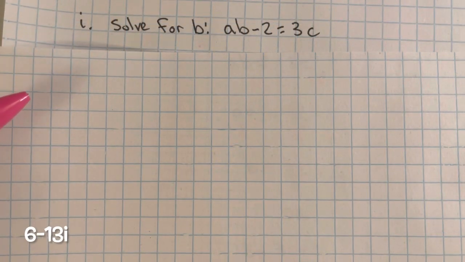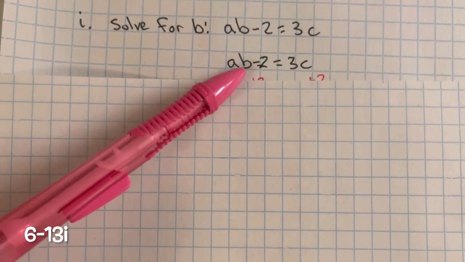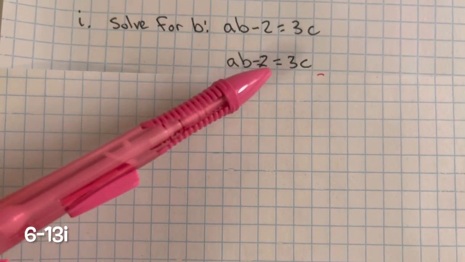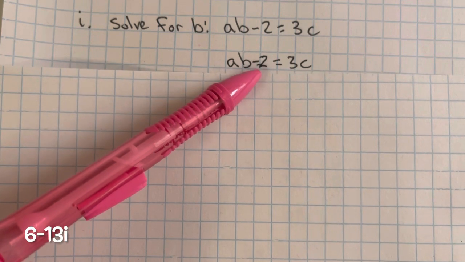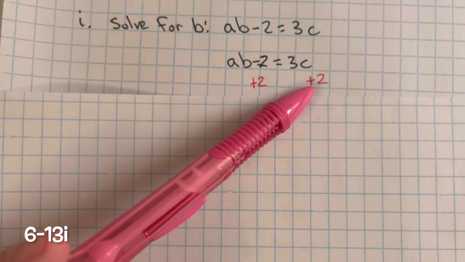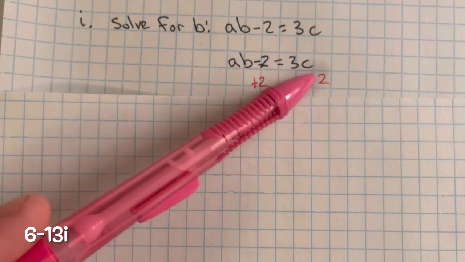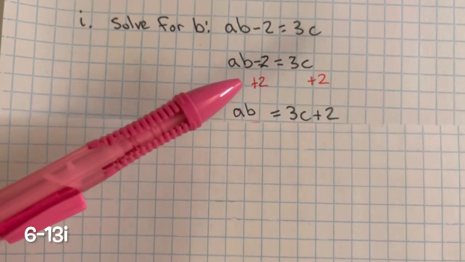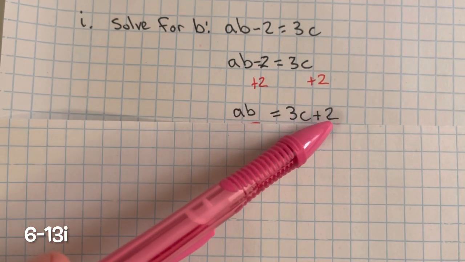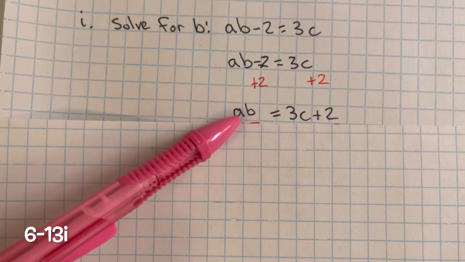Problem I, we're solving for b. So we want to get b by itself. Here we have a negative 2. Inverse property of subtraction is addition. We're going to add 2 to both sides. That creates a 0 pair. These are not like terms, so we cannot combine them. So we get 3c plus 2. Still don't have b by itself. This is multiplication.